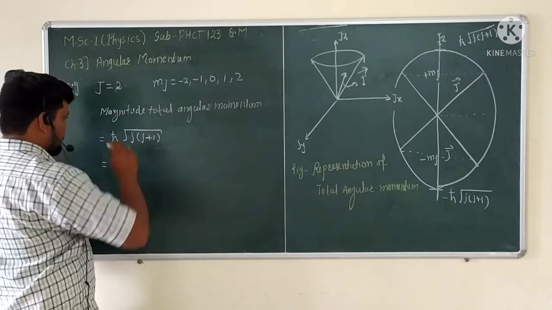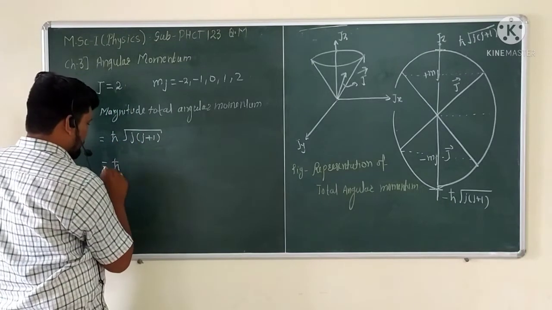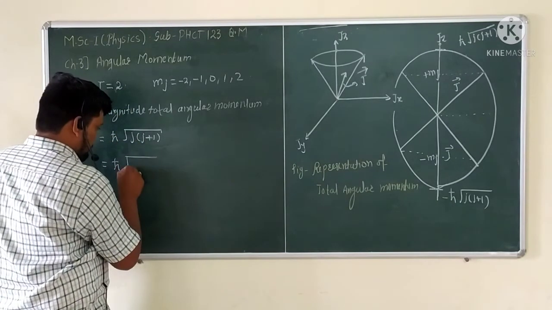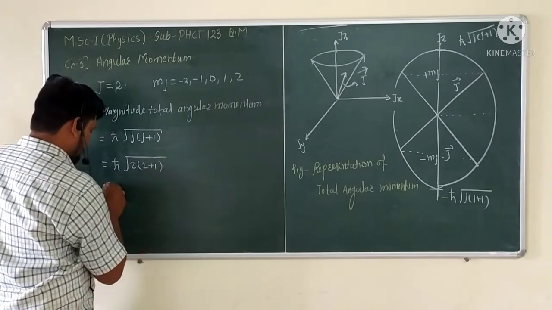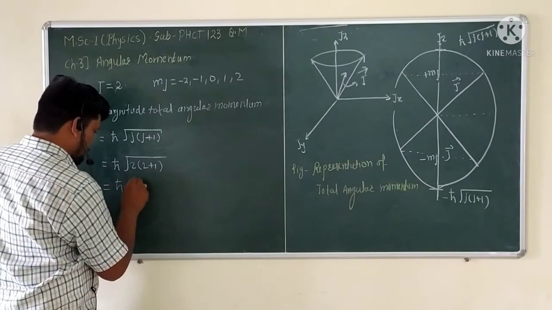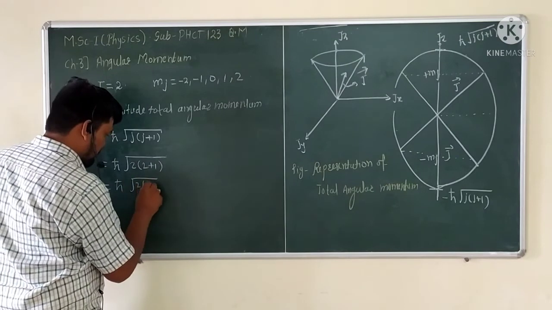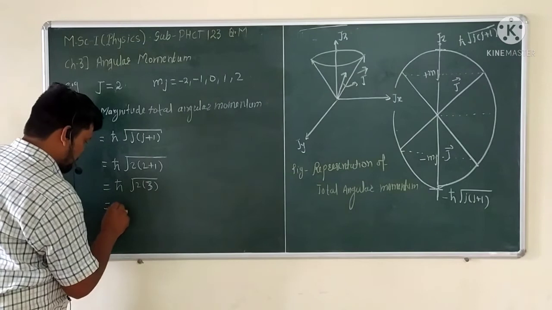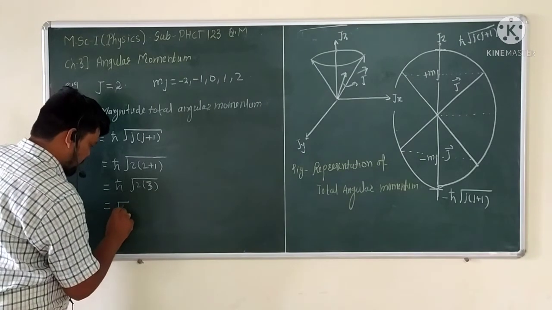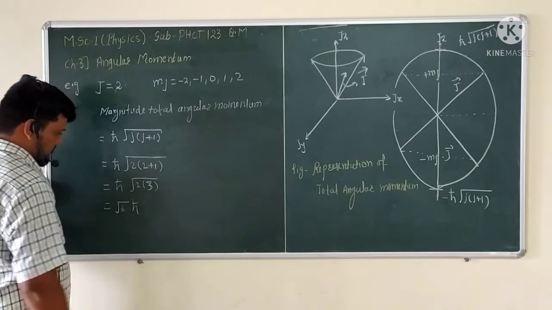And for example, this j is equal to 2, so the value taken here is h cross into under root of 2 into 2 plus 1, which is h cross into under root of 2 into 3, okay.